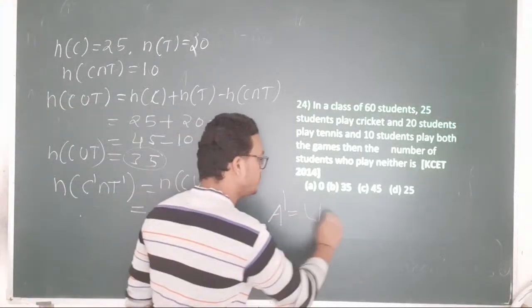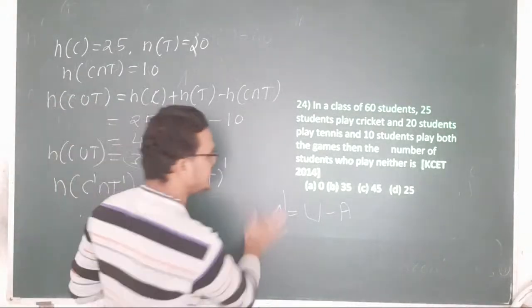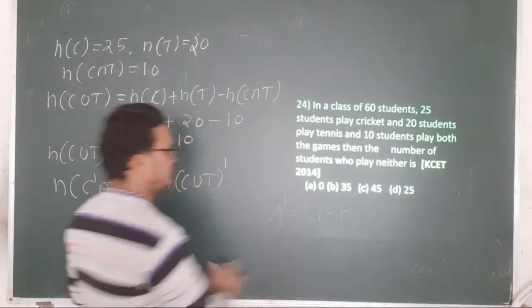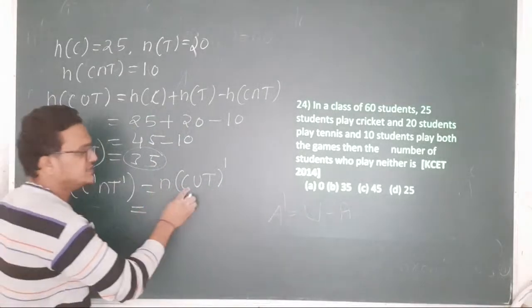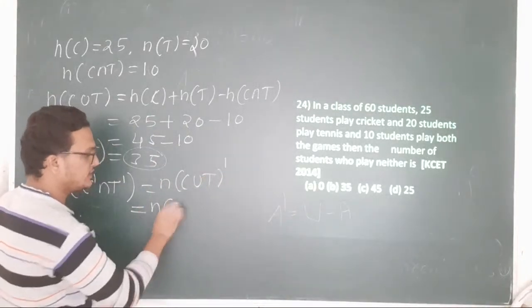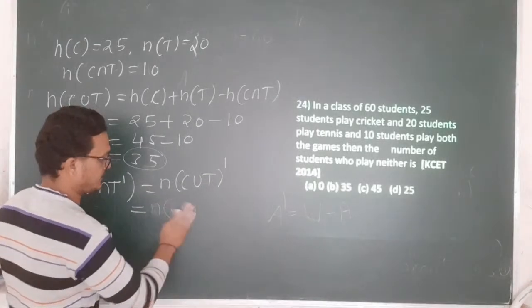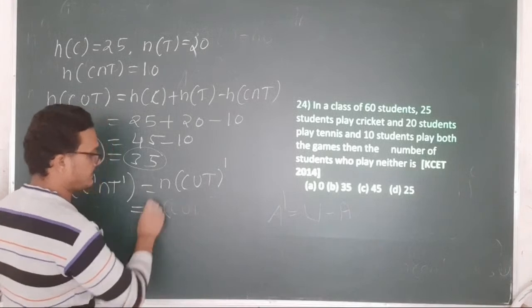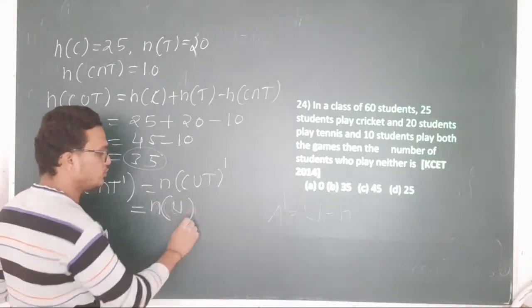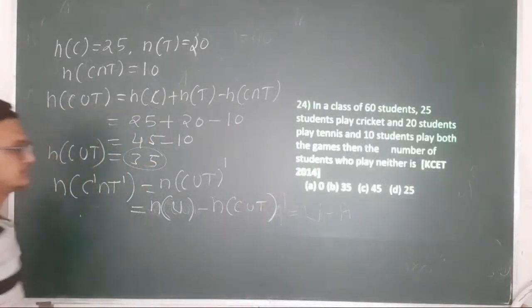That is U minus A. U minus A means universal set minus that set. So here N of C union T whole dash can be written as N of U minus N of C union T.